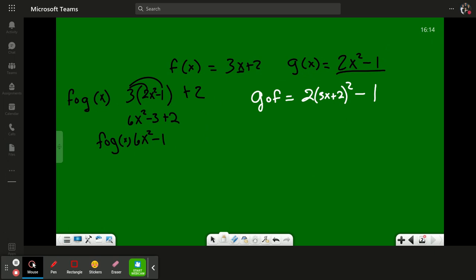Follow your order of operations: exponents, multiplication, subtraction.